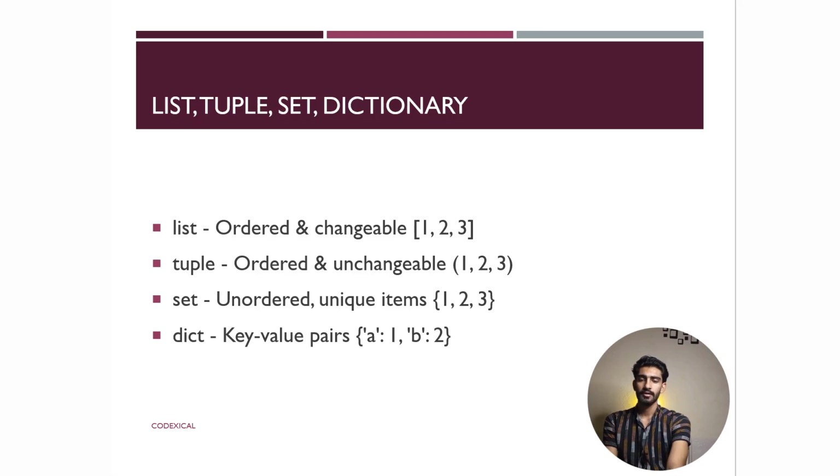Key and value are separated by a colon, and pairs by a comma. In the key value pairs, 1 is assigned to A and 2 is assigned to B. So if we want to access 1, we can use A as a key, and B as a key to access 2. So that's the syntax of a dictionary. I will show you more about this in the upcoming lab, so don't worry.